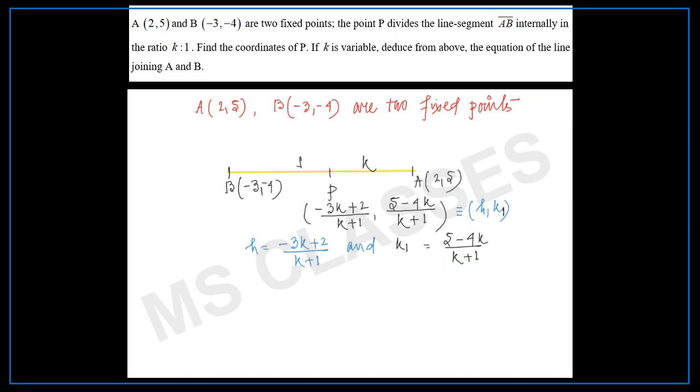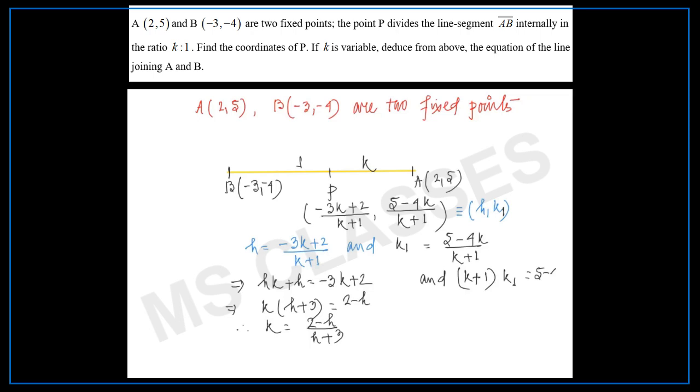So in this case hk + h equals -3k + 2. Here, if we take k common, (h + 3)k equals 2 - h, and therefore k which we get is (2 - h) by (h + 3). And from the other one, (k + 1) into k1 equals 5 - 4k.